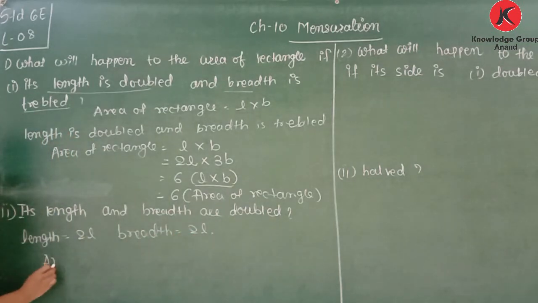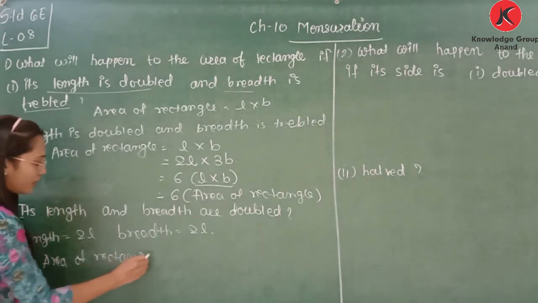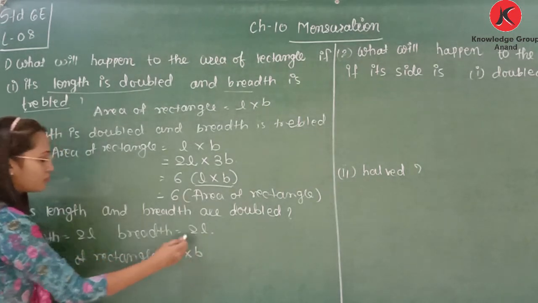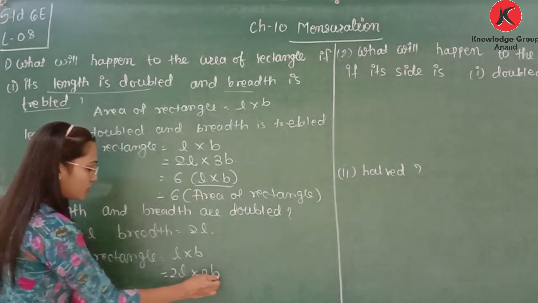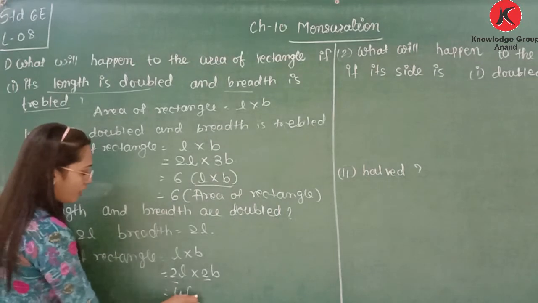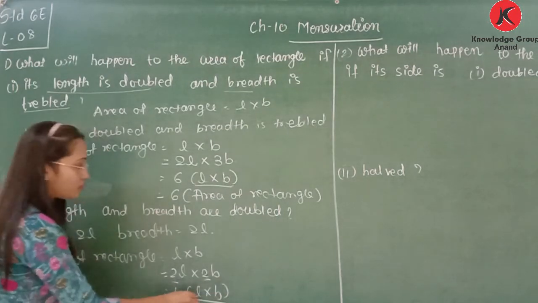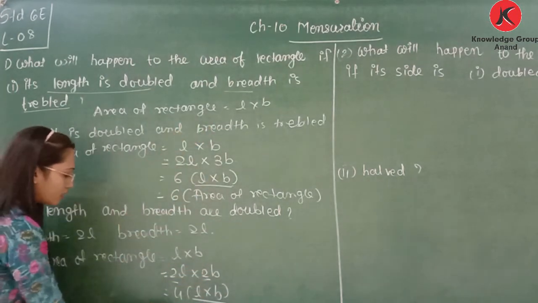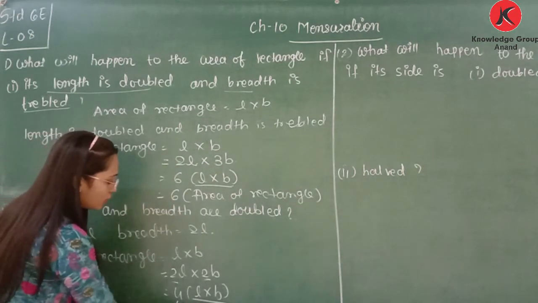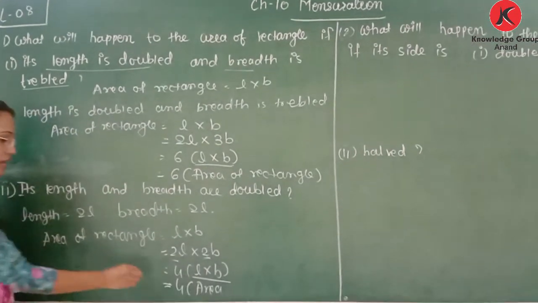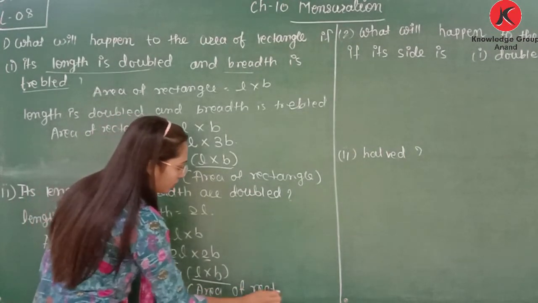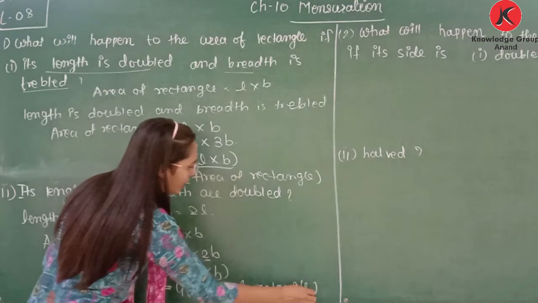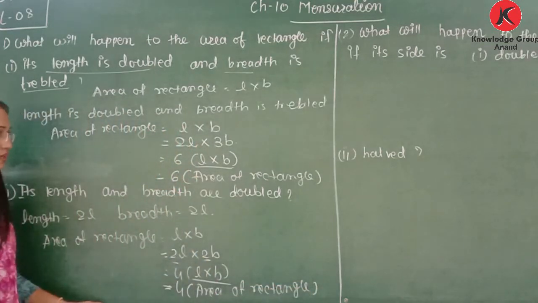The area of a rectangle is L multiplied by B. But if we double, L will be 2L and B will be 2B. 2 times 2 is 4, L multiplied by B. L multiplied by B is the area of the rectangle. So if we double length and breadth, the area will be 4 times the area of the rectangle with length L and breadth B.